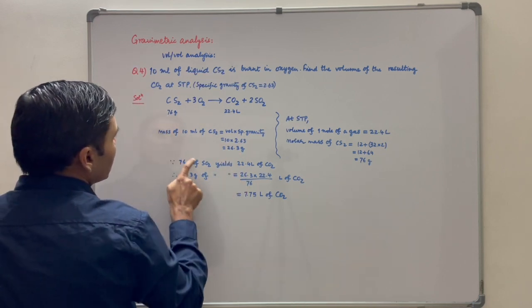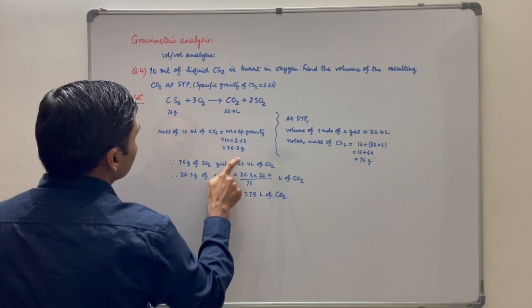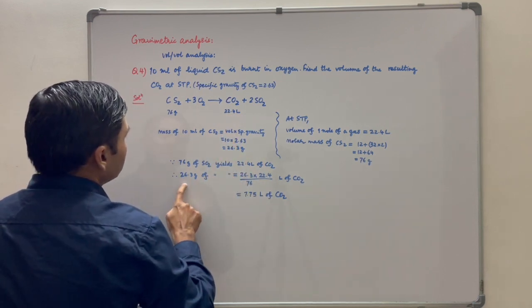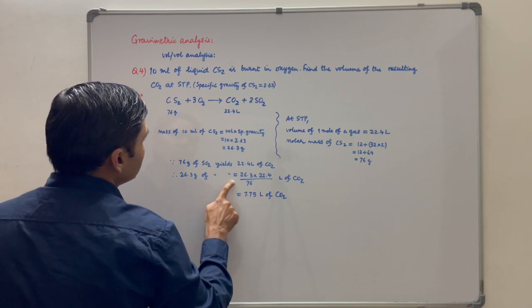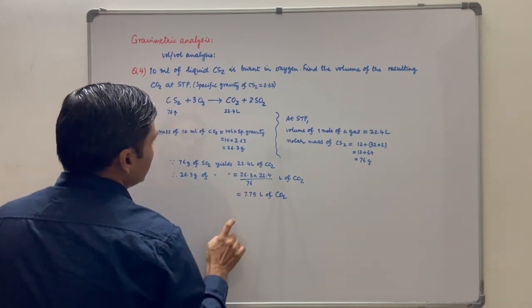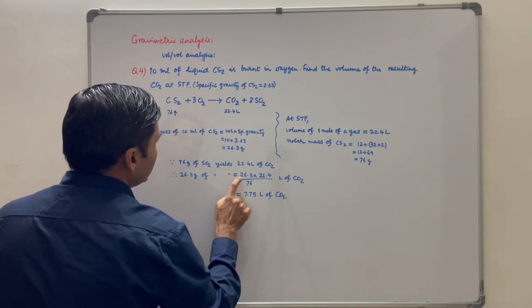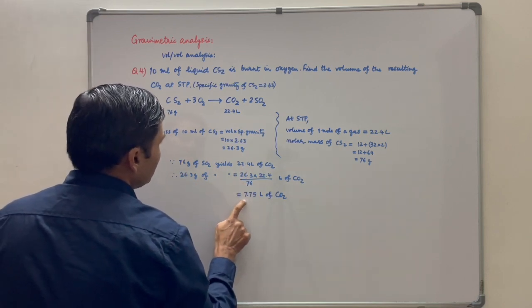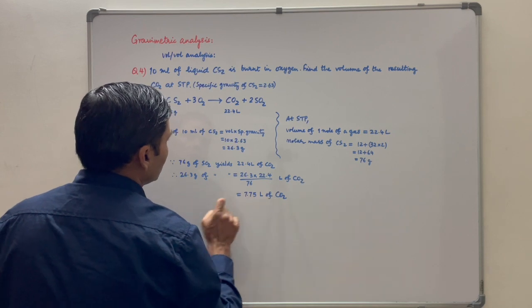Since 76 gram of CS2 produces 22.4 liter of CO2, 26.3 gram of CS2 produces how much CO2? It comes out to be 26.3 into 22.4 upon 76, that is 7.75 liter of CO2.